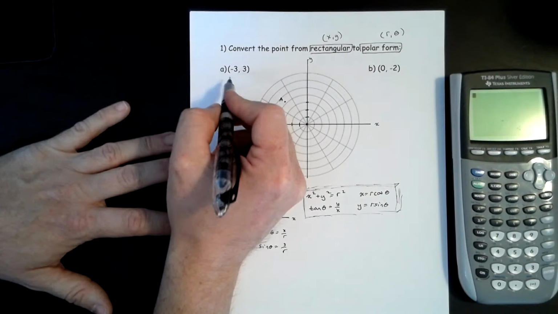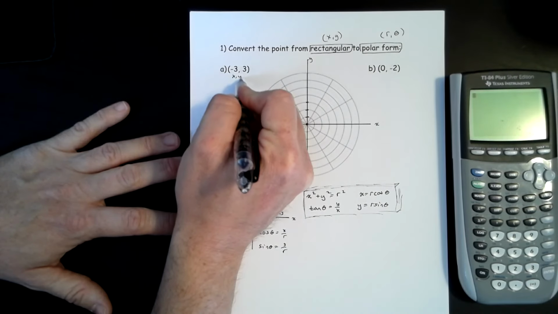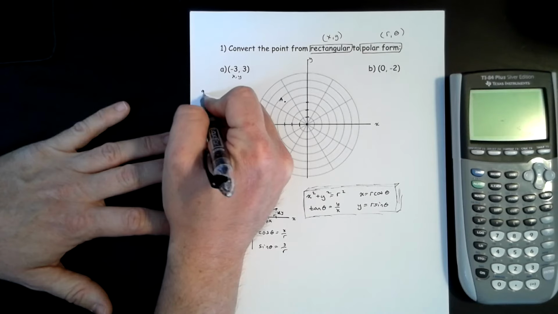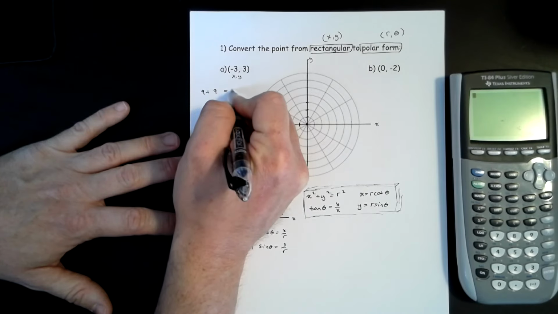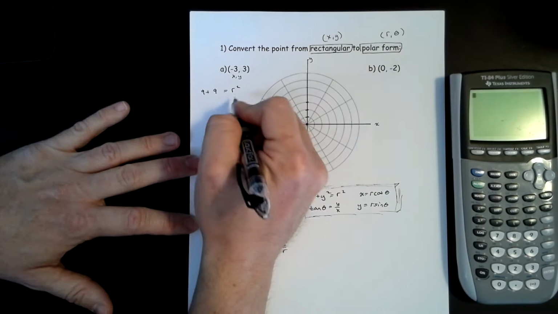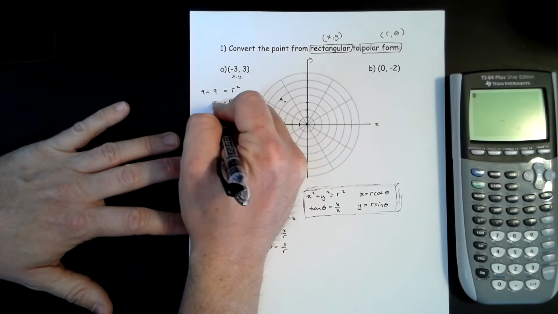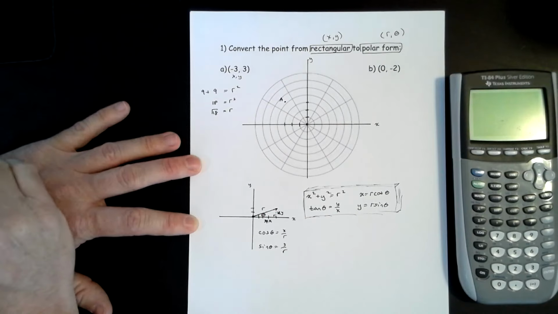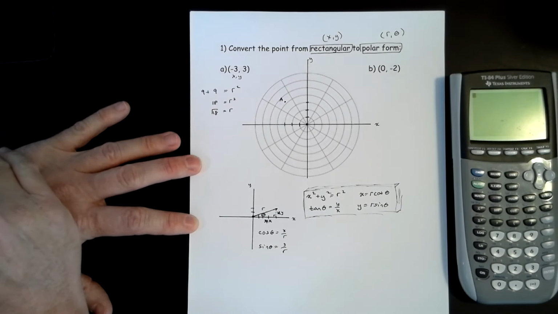Well, how do we do this? This is x and this is y. So x squared plus y squared equals r squared. So r squared is 18. r is the square root of 18 units away. Technically, it's plus or minus, and we will cover that in a little bit.